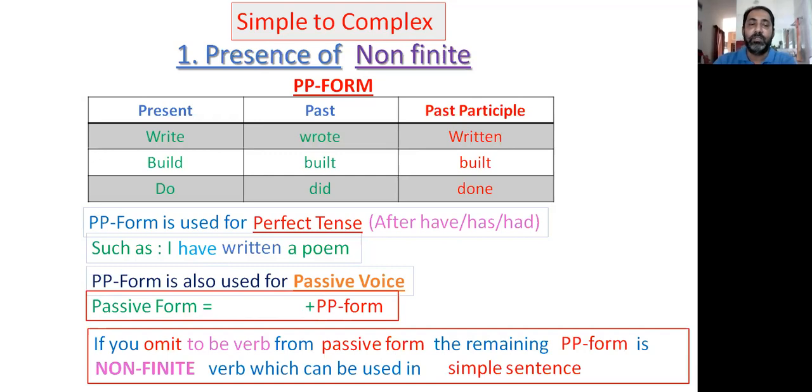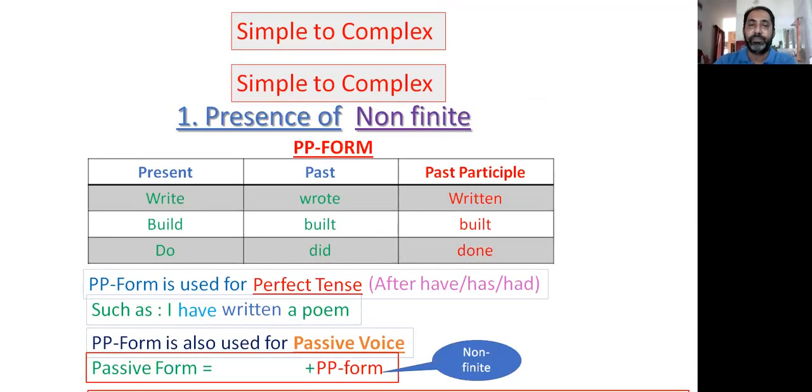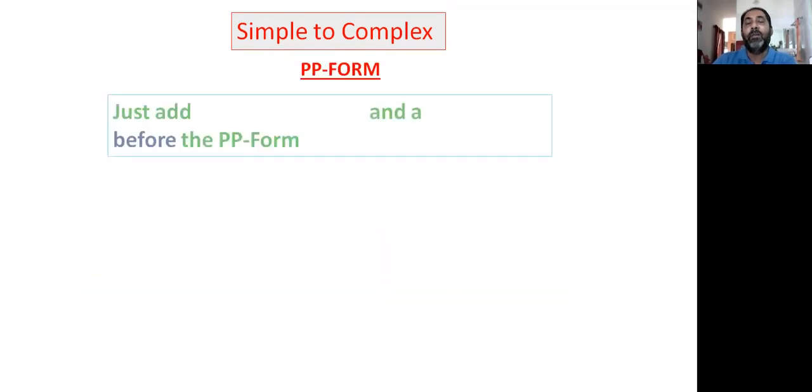Now, participants, look at here. There is no to be verb before the past participle form, and so this is a non-finite verb. If you see past participle form as a non-finite verb in a sentence, then how will you transform it into a complex sentence, or how will you use this past participle form as a finite verb in a subordinate clause?